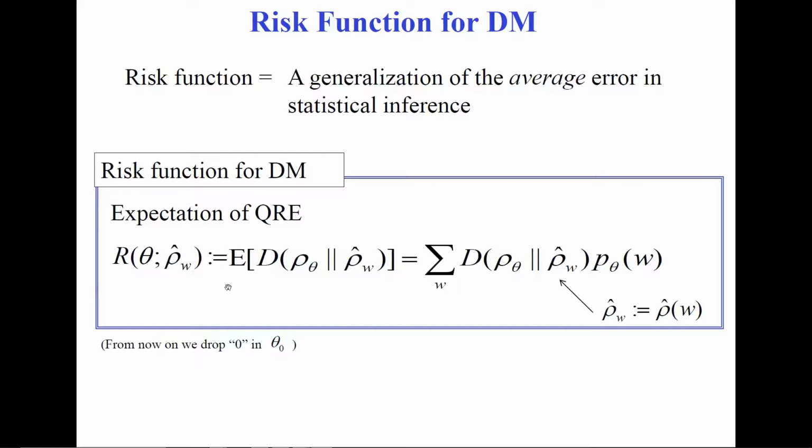We take the average with respect to the data generating model, or probability distribution, of the experimental data W. And here we drop the symbol 0 in theta 0, denoting the true parameter. For every fixed parameter theta, the risk is determined. And we want to minimize this quantity for every theta.